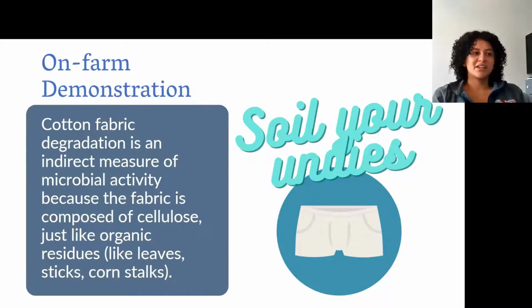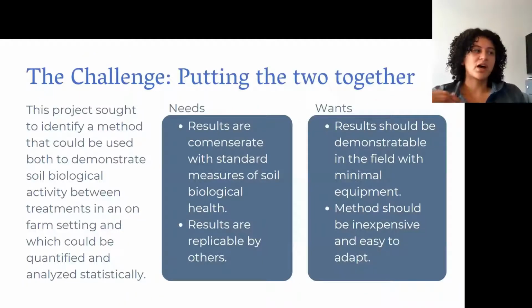So then we just came up with the question, so how do we measure this in numbers? This demonstration is very popular, like I said, but usually it's just, you bury a piece of cotton fabric or a piece of underwear and then you show it to people. And that has an impact, but we wanted to put numbers on it and see if we could actually evaluate different management practices with it.